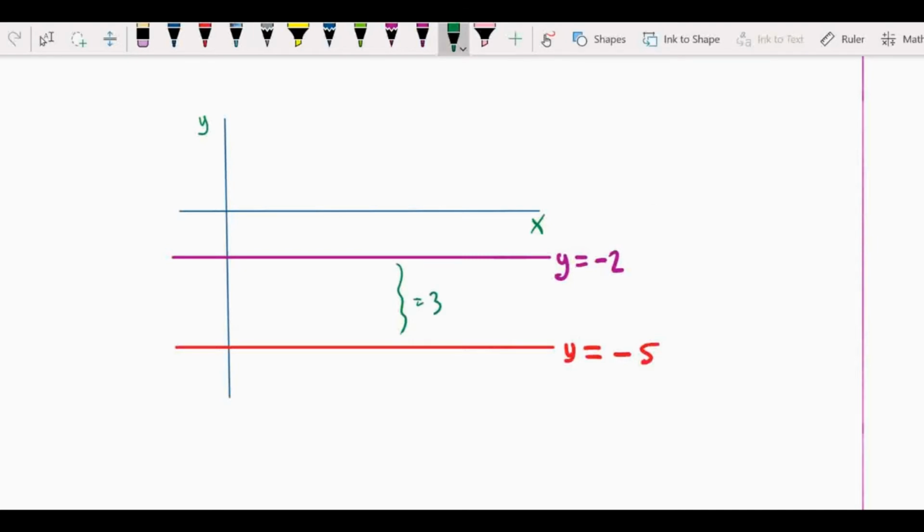I can calculate that just by doing -2 minus -5. That simplifies to -2 plus 5, which equals +3, giving the positive vertical distance between these two lines, even though both of them are actually below the x-axis and are negative numbers. So that's important. Always, to find the height of the rectangle, you're just going to subtract top minus bottom.